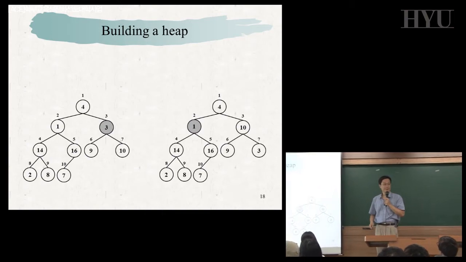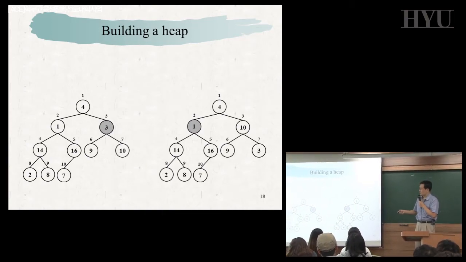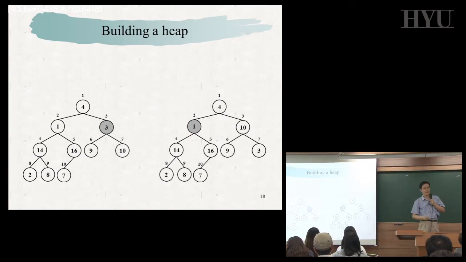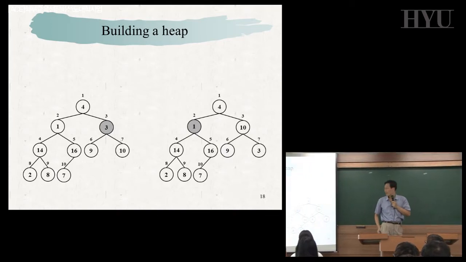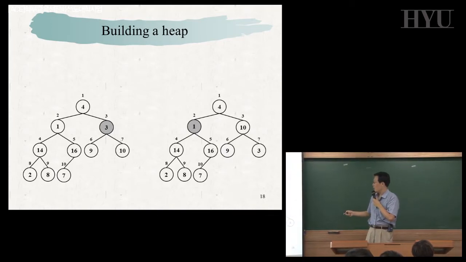Okay, then the next subtree is this. What should we do? Okay, 3 and 10 are exchanged.